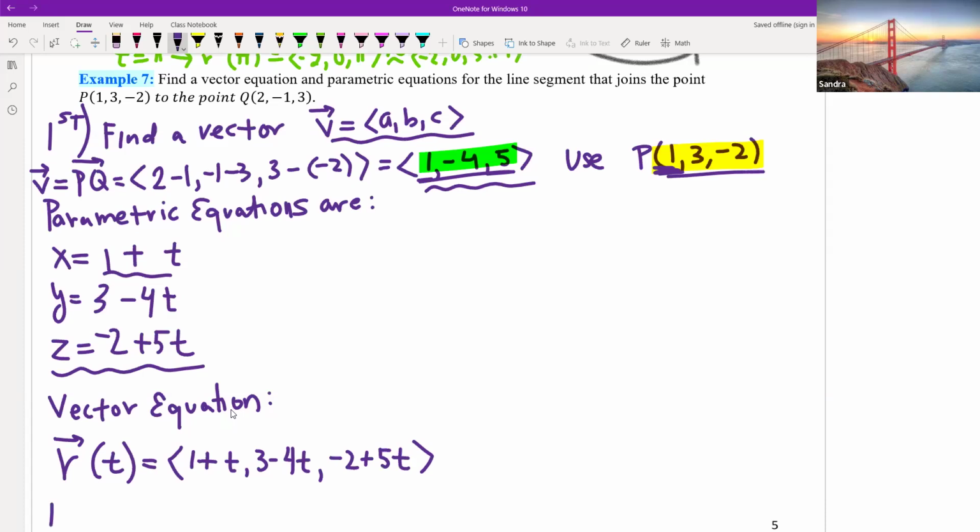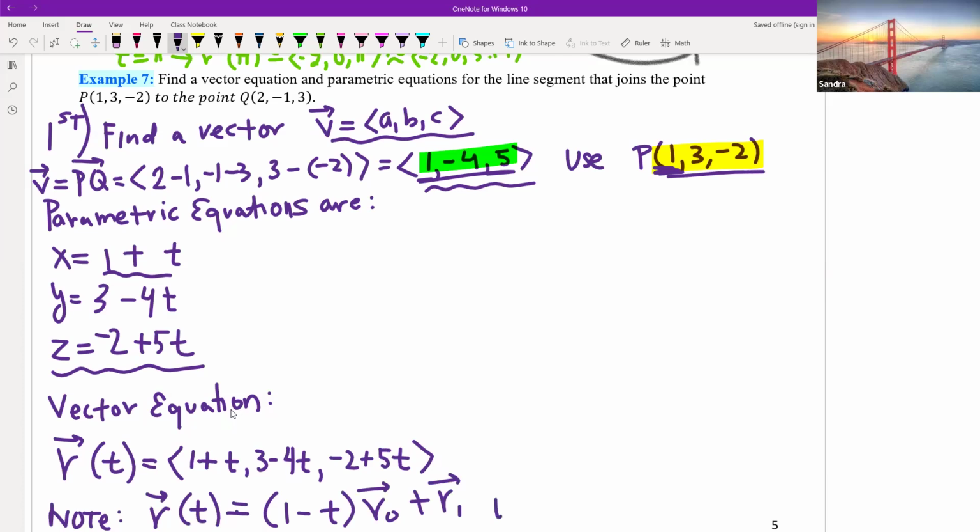Now, I gotta also mention a little note. You don't have to do it the way I have it. In the textbook, they also have this other formula for the vector equation. So you can use this other formula if you want to. I am not going to go over this one, but they have this other one.